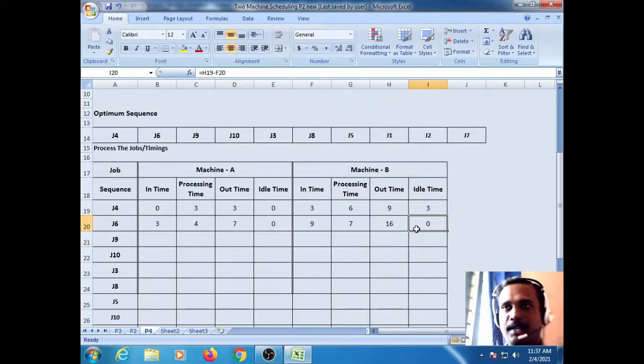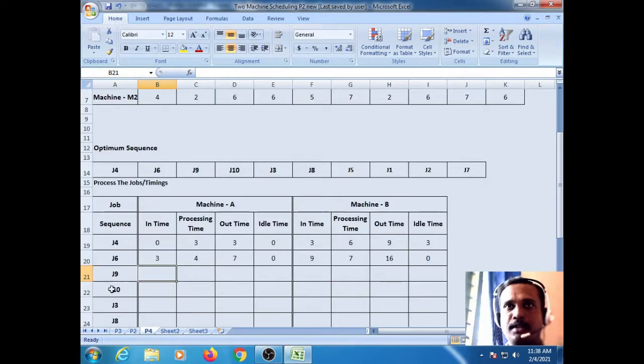That means the previous job was completed at 9th hour, so immediately we started the next job. This machine B didn't wait for any hour, so that's why here we have to take 0. That's it.